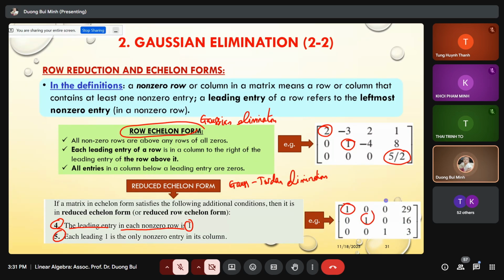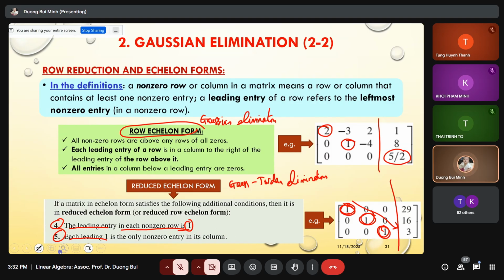This is the leading entry of the first equation, and we should modify it to get 1. This is the leading entry of the second equation. This is the leading entry of the third equation. And each leading 1 is the only non-zero entry in its column.